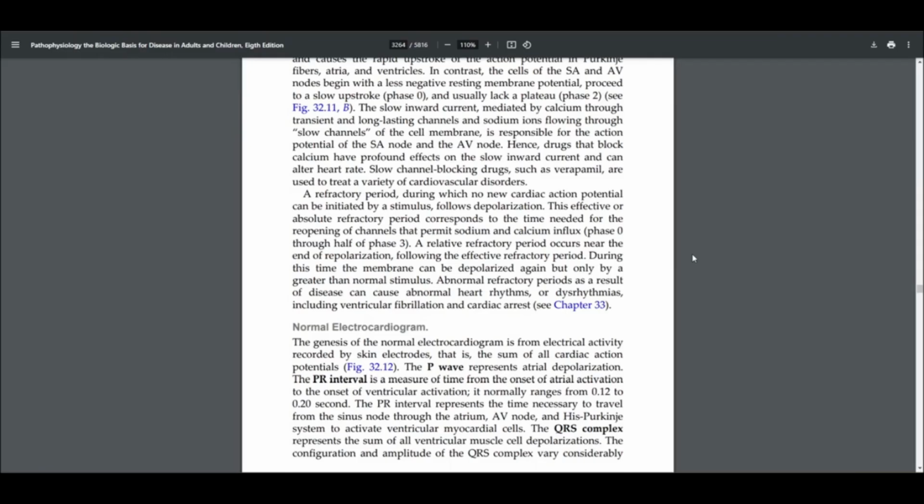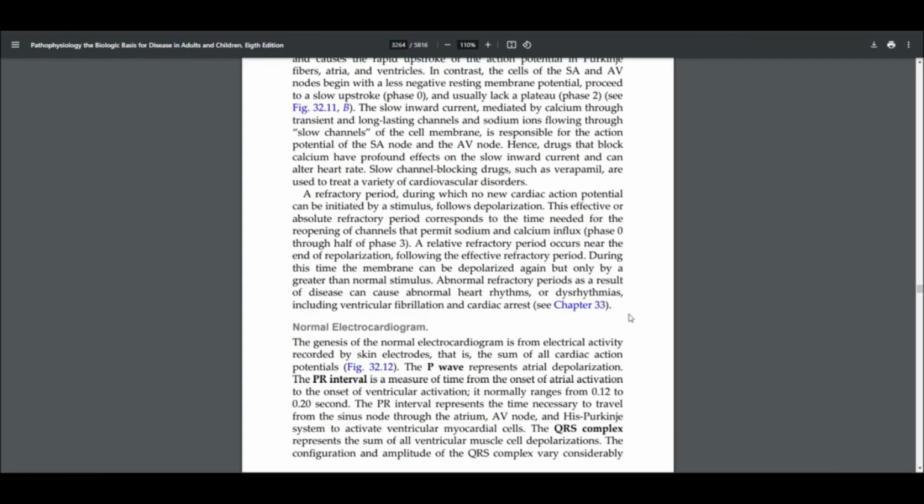A refractory period during which no new cardiac action potential can be initiated by a stimulus follows depolarization. This effective or absolute refractory period corresponds to the time needed for the reopening of channels that permit sodium and calcium influx. Phase 0 through half of phase 3, a relative refractory period, occurs near the end of repolarization, following the effective refractory period.